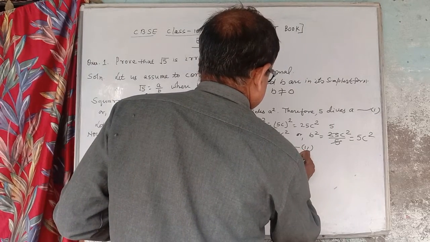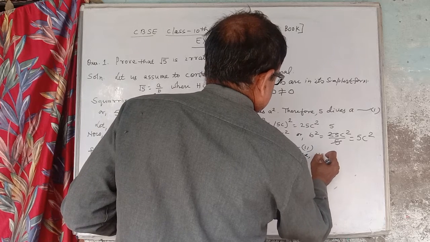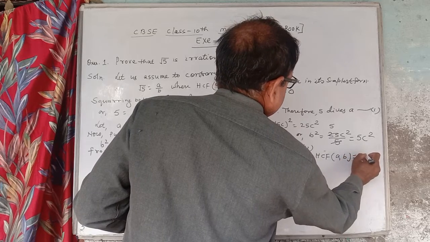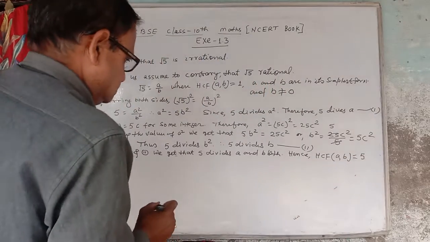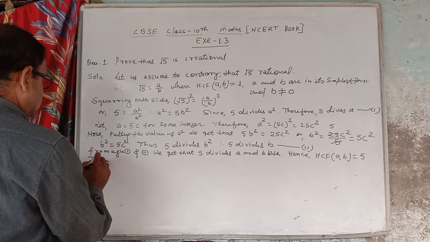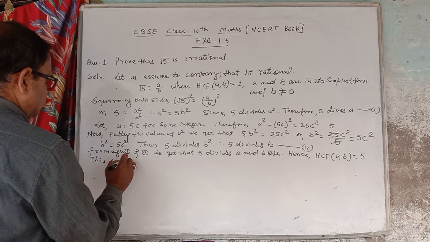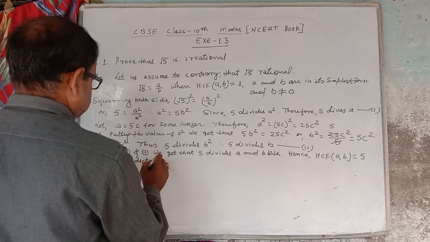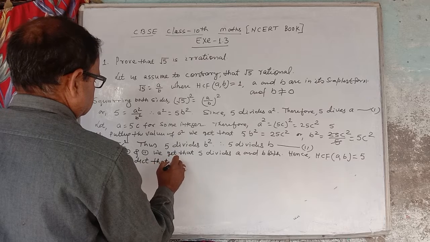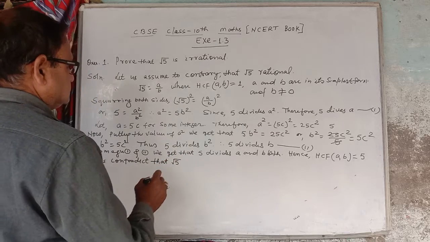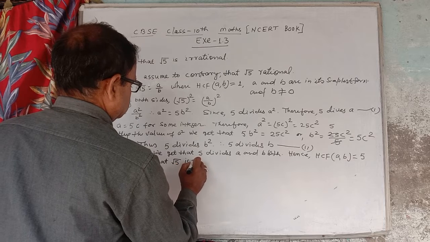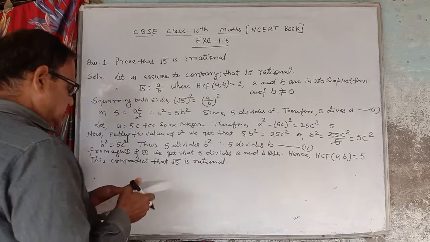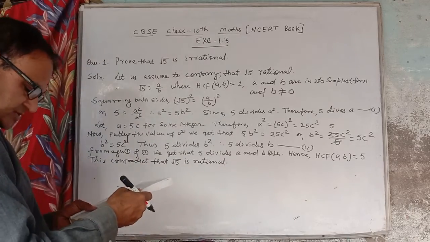Hence, HCF of a and b is equal to 5. This contradicts that root 5 is rational.